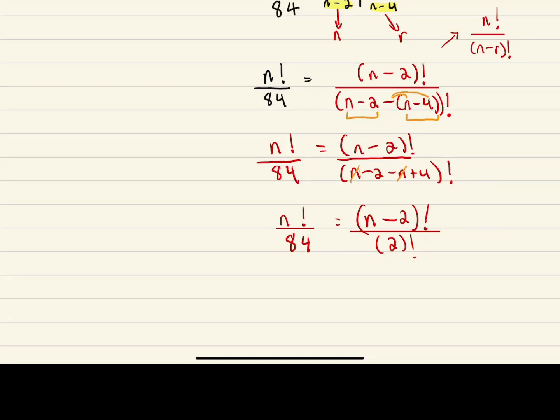This now breaks down to n factorial over 84 is equal to n minus 2 factorial over 2 factorial. And what we're going to do is try and group all the n variables together and all the non-n variables together, and then isolate.